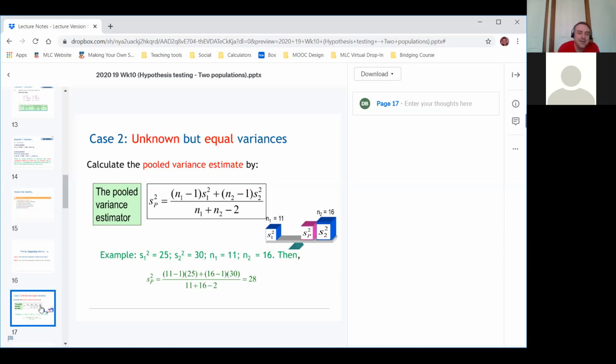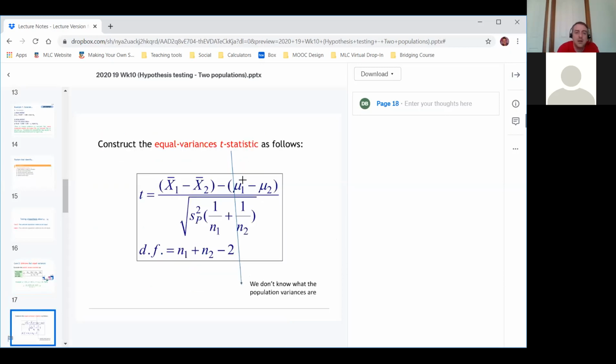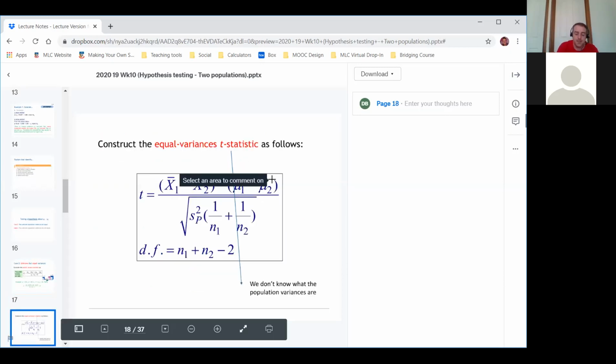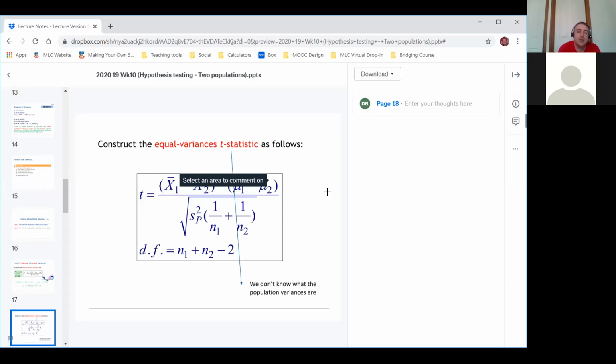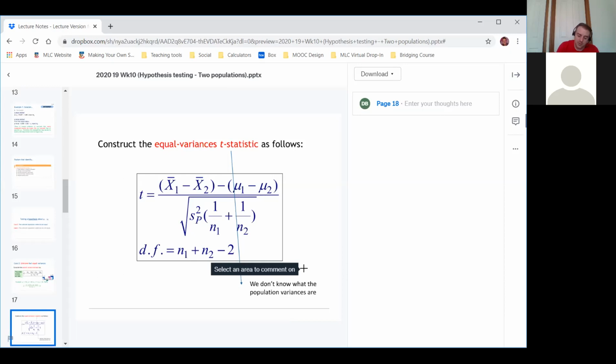And then we figure out the t statistic. Okay, and that's because we don't know the real standard deviations. Right. So the top of it is the same as it was before. We still have the x1 bar minus x2 bar minus the mu1, but the bottom is now different. Let's just compare those.